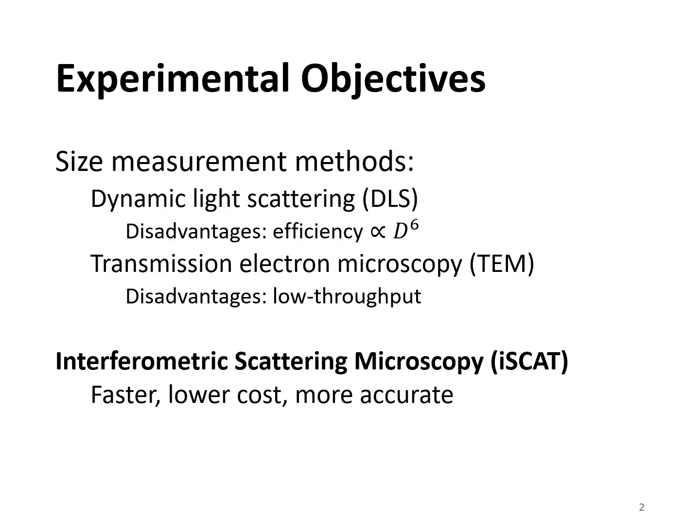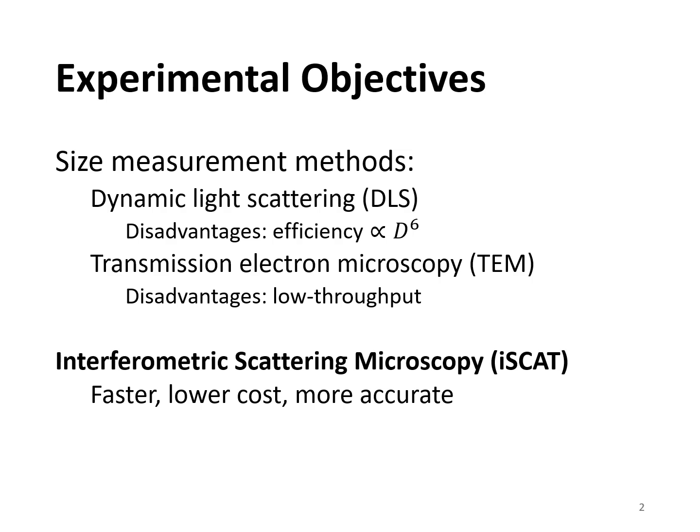On the other hand, TEM has a low throughput. Therefore, we need a faster, lower cost, and more accurate method for measuring particle size distribution in solution, especially for particles with a diameter less than 20 nanometers.